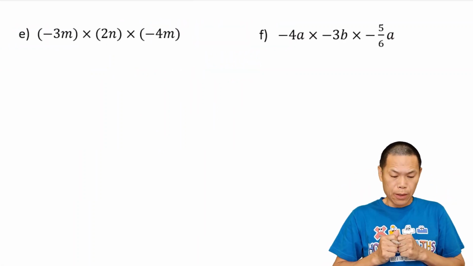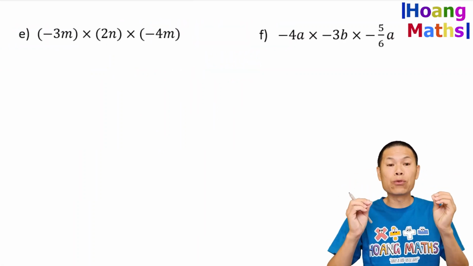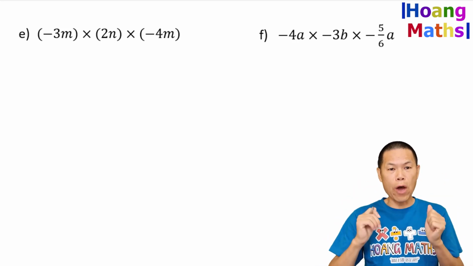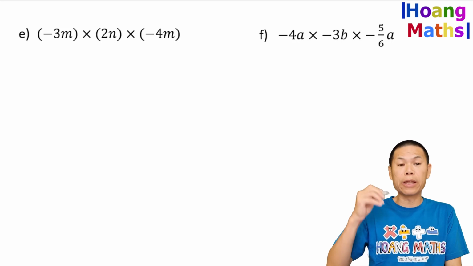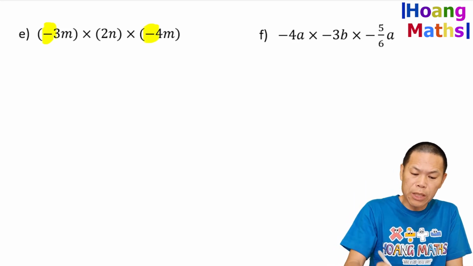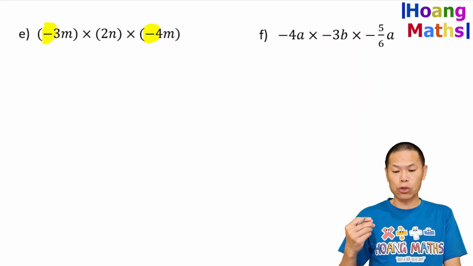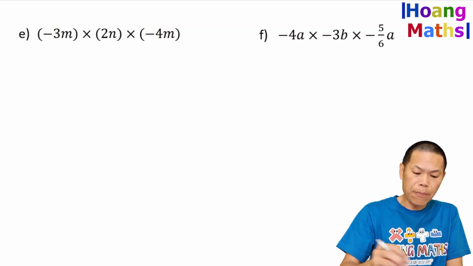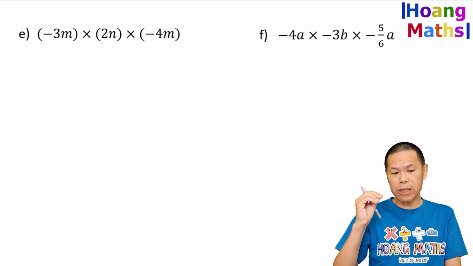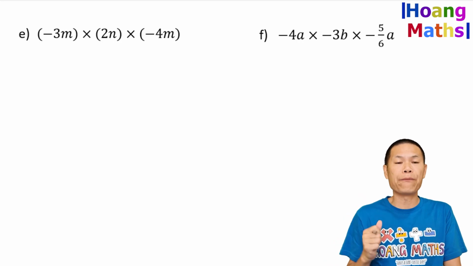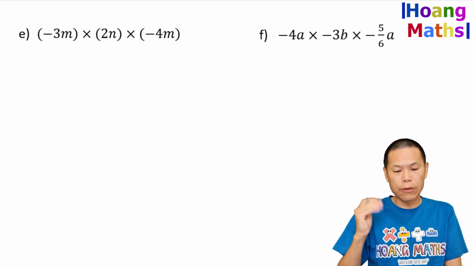Part E. We have -3m times 2n times -4m. Again, we're dealing with numbers first. If you think about it, we have two negative numbers times together, so the answer should be positive. So 3 times 2 gives me 6, and 6 times 4 gives me 24.